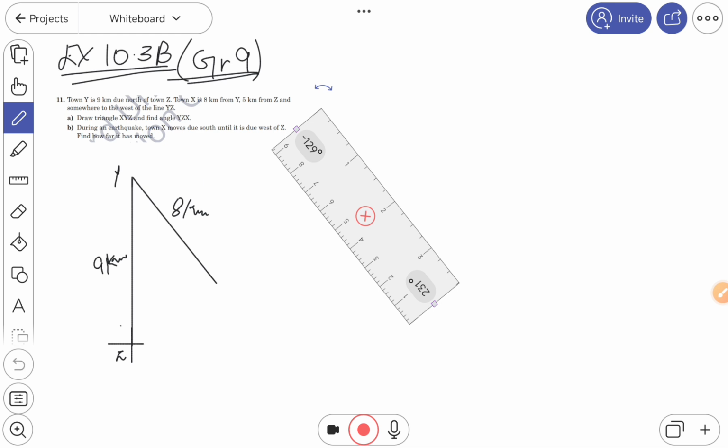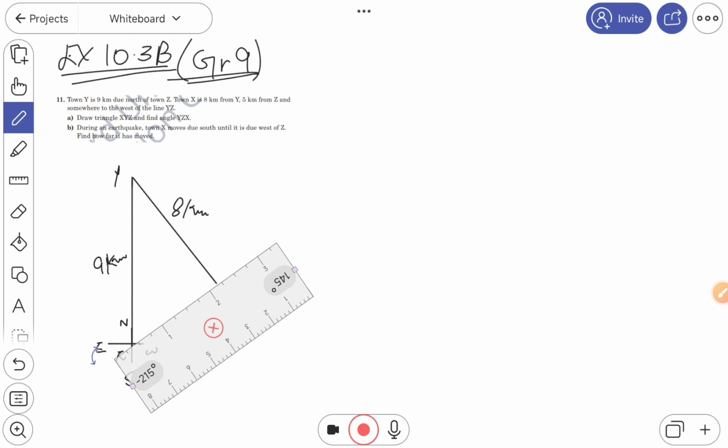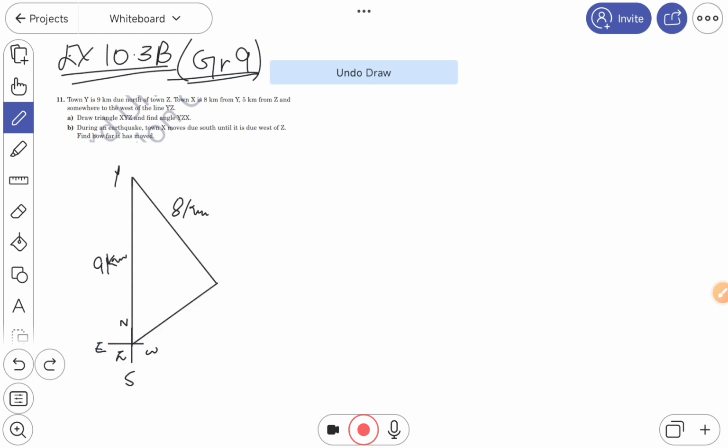So Z's north is this, south is this, east is this, and west is this. So X lies somewhere to the west of Z, and the distance between Z and X is 5 kilometers. I have to make it like this. Yeah, this is point X.